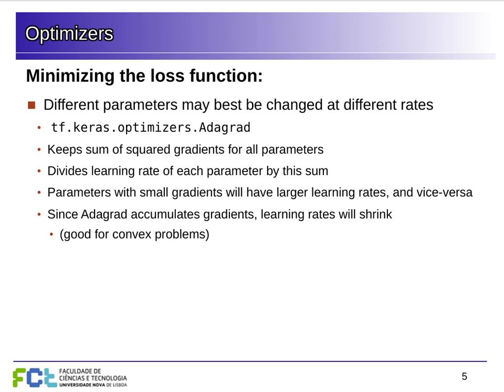This AdaGrad, with adaptive gradients, this optimizer keeps the sum of the squared gradients for all the parameters. So at each evaluation, it computes the square of the gradient matrix and stores it so that it knows the sum of the previous gradients found for all different parameters. And the learning rate is divided by this sum for each parameter.